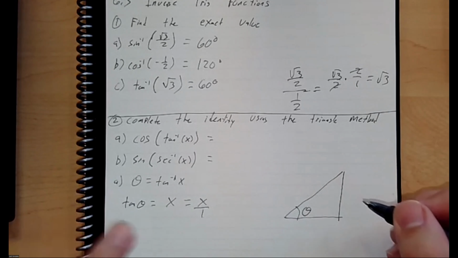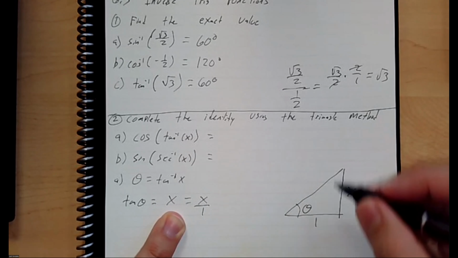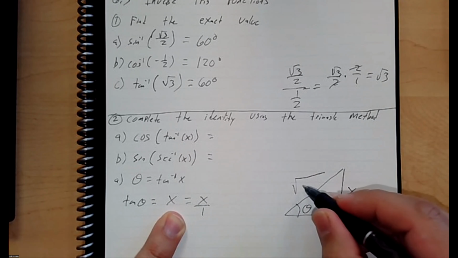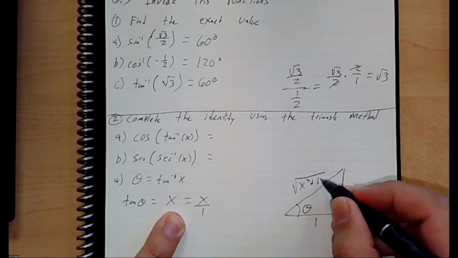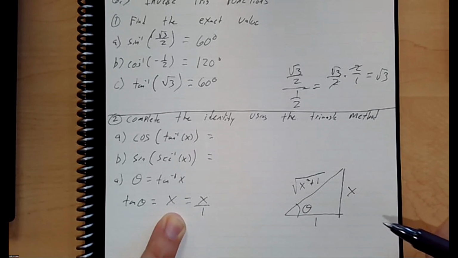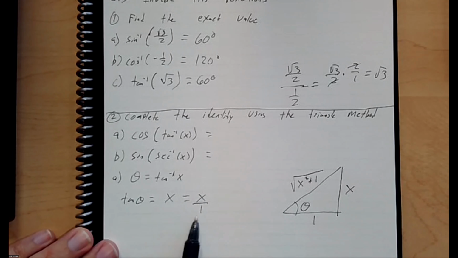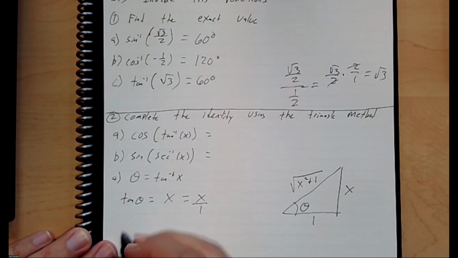Put theta here. Tangent is defined as opposite over adjacent. That would mean the hypotenuse would be the sum of those squares, square rooted. 1 squared is still 1, so I didn't write it, if you're wondering. They want to know cosine based on this information. Let me write that a little better here. Forgot to write let.